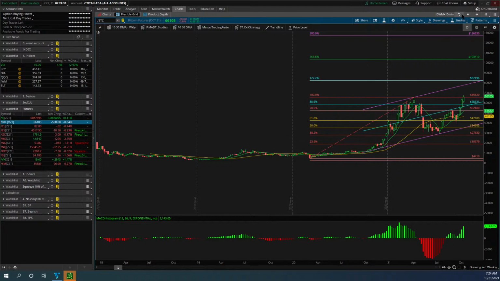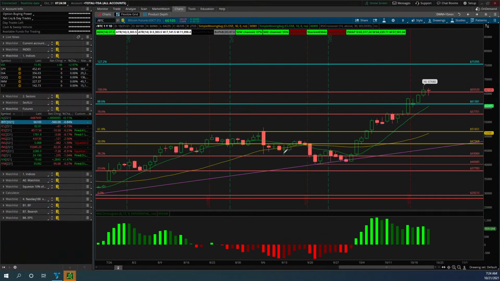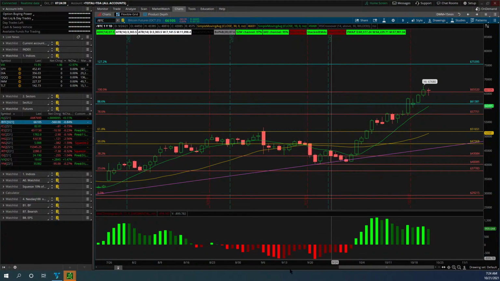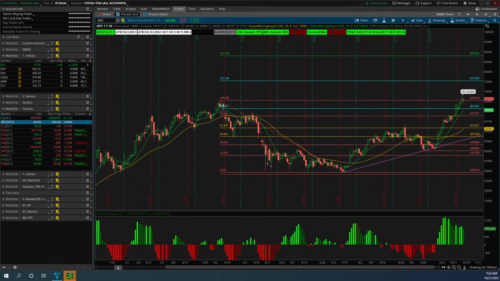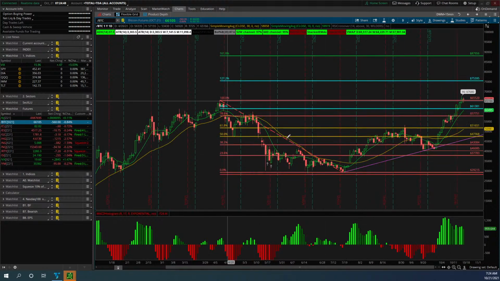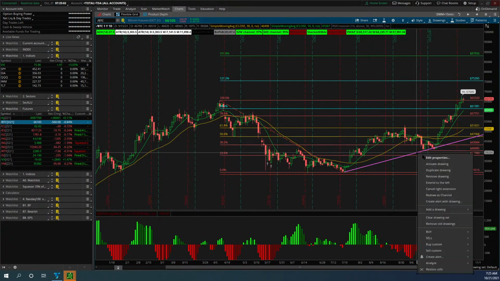In the daily, I connected this one to the low right here, made a double bottom, and then started to move up, then going down, forming this bottom here.